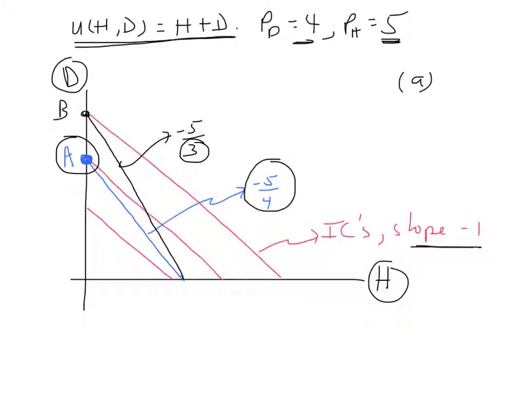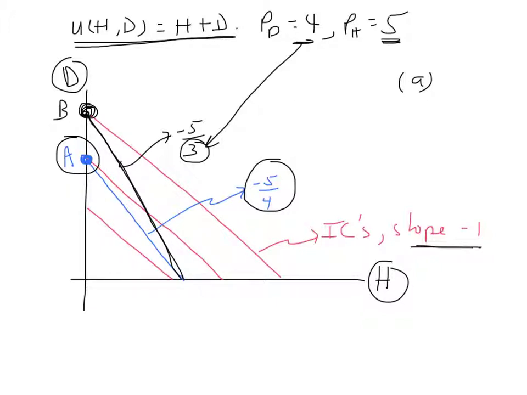So we're going from a price of 4 to a price of 3. That makes the budget even steeper, so we're now on the black budget, this one right here. And this black budget is going to lead us to an optimal choice up here at point B.